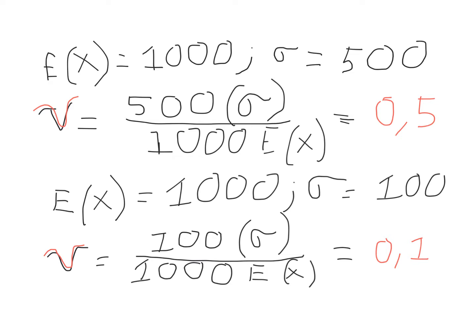So we can deduce that in the first example the coefficient is higher than in the second. So the risk will be lower in the second example because the ratio is lower than in the first example.